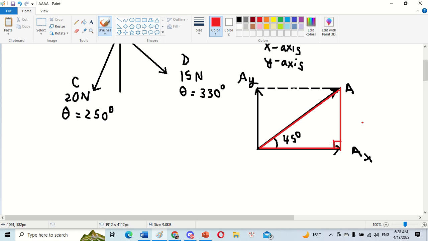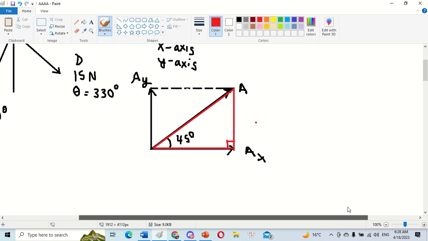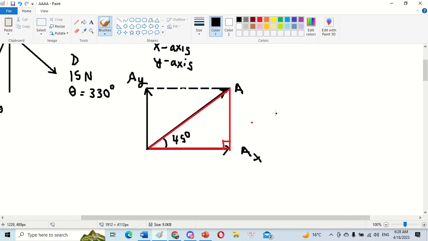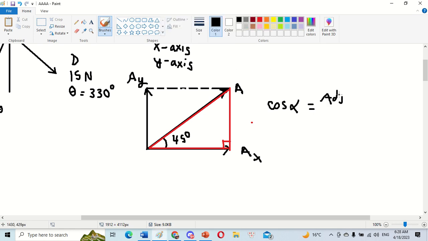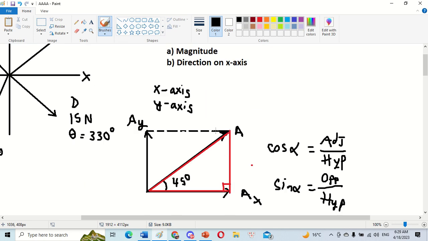We have a right angle here, so we can apply the formula: cosine alpha is adjacent divided by hypotenuse, and sine alpha is opposite divided by hypotenuse. So we have 45 degrees, and vector A is 5 newtons.